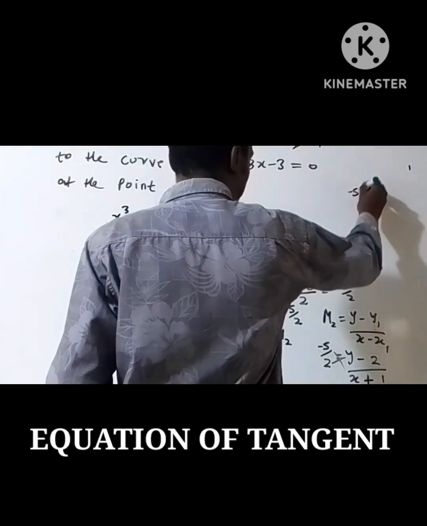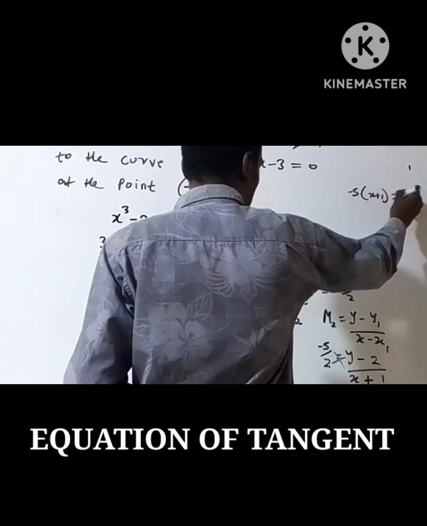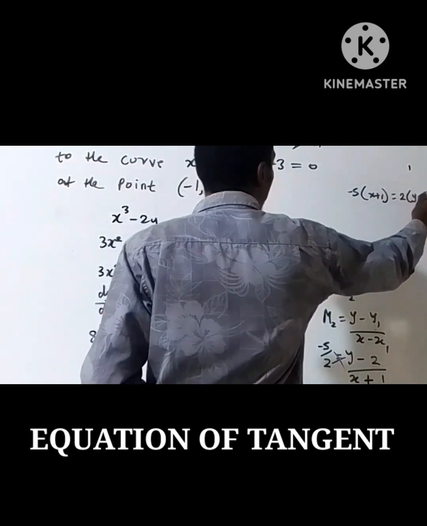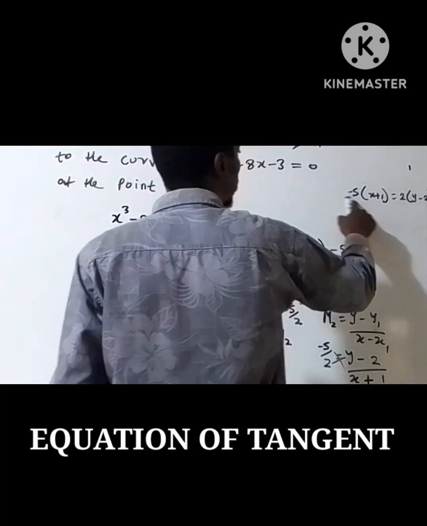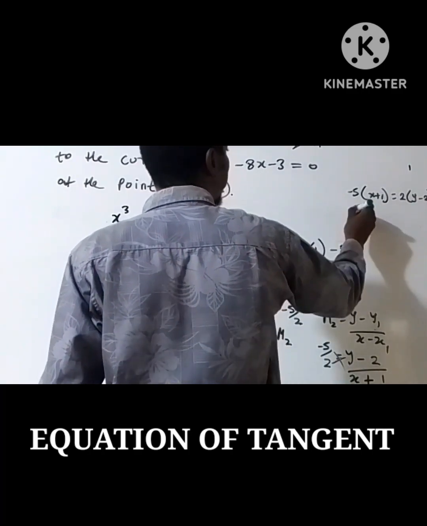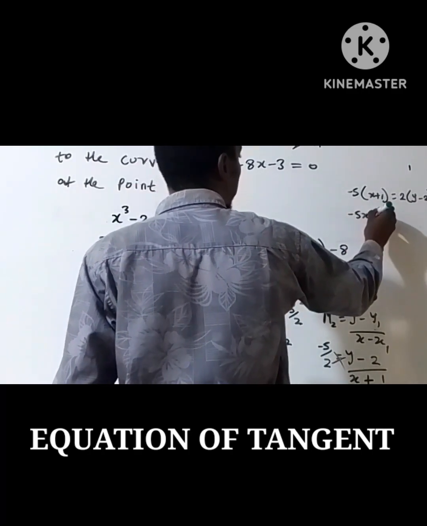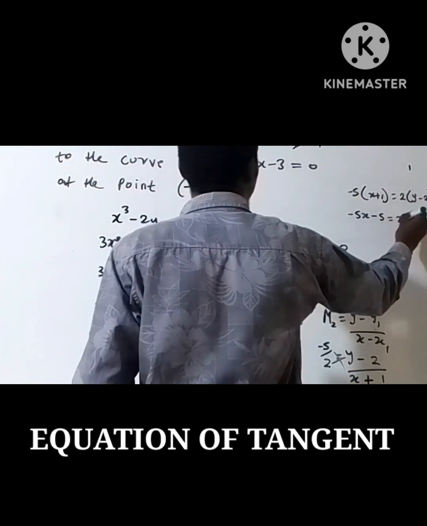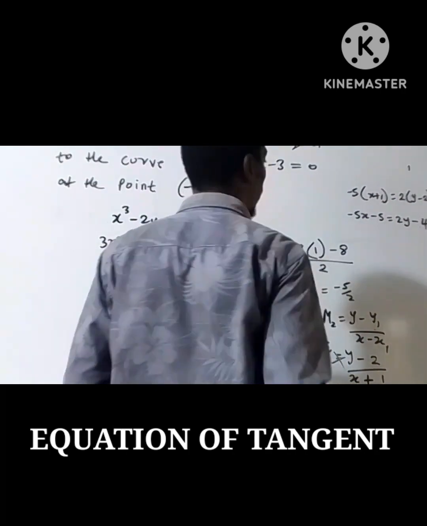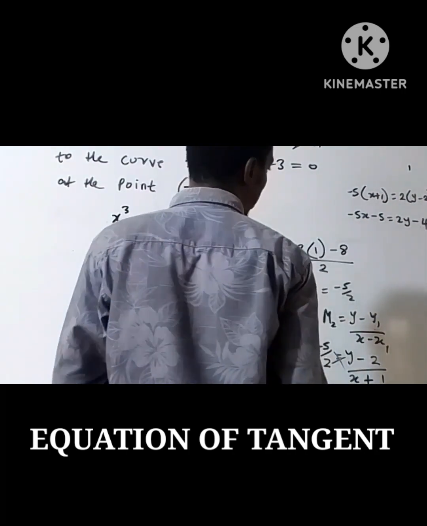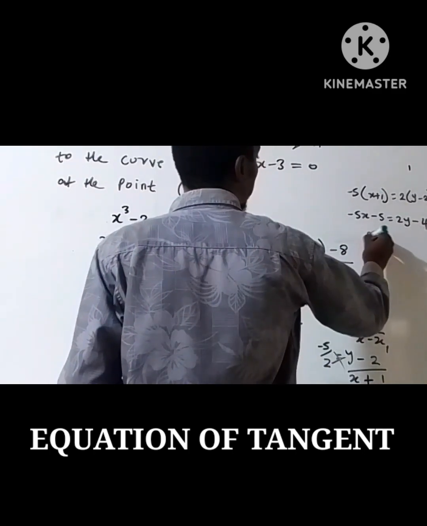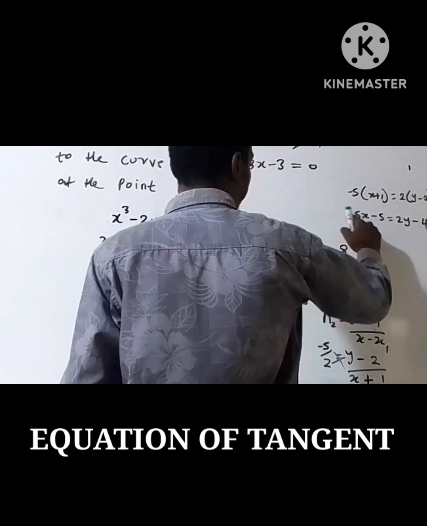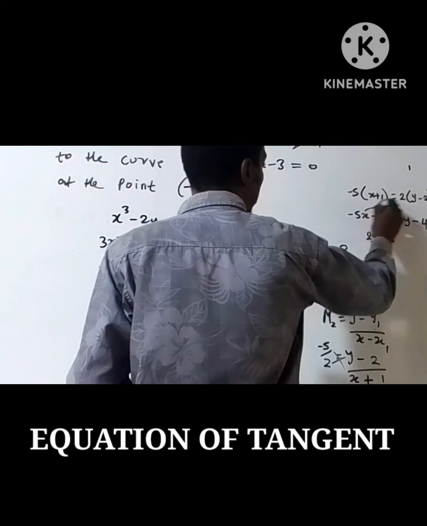If I do that, I'm going to have minus 5 bracket x plus 1 equal to 2 bracket y minus 2. So I will open my bracket, rearrange them, and equate everything to 0.